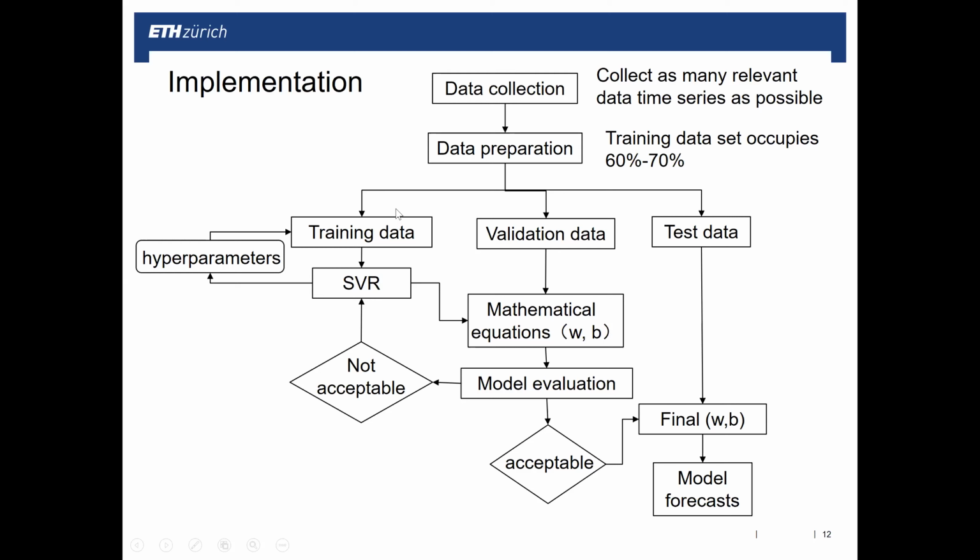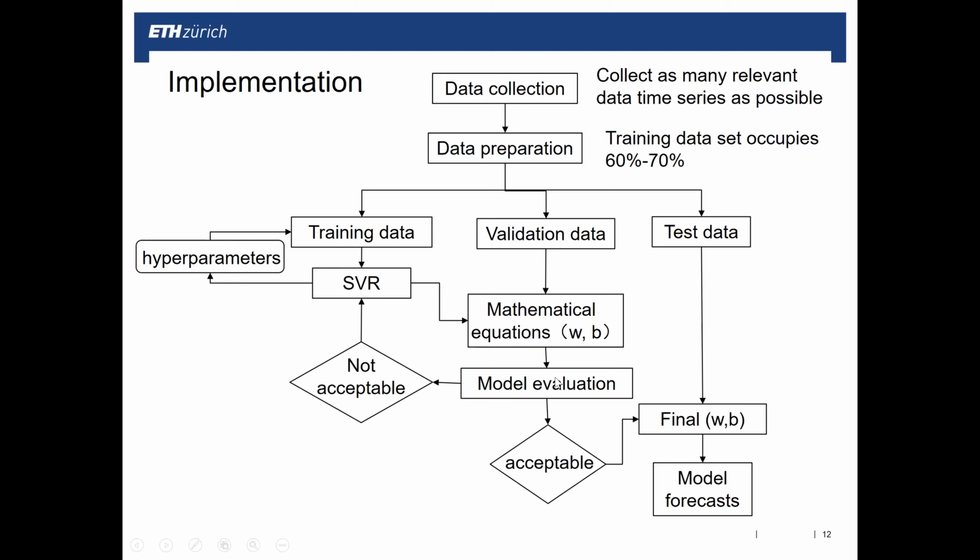Once you have this training data set, you will change the hyperparameters and use the SVR regression algorithm to train this model and to determine the weight and the bias of the equations. Then use the validation data to evaluate the model.